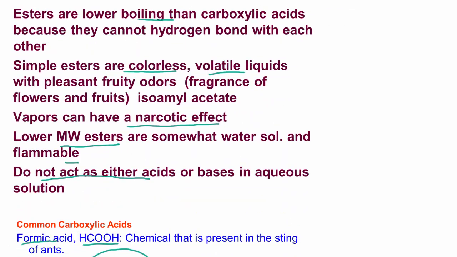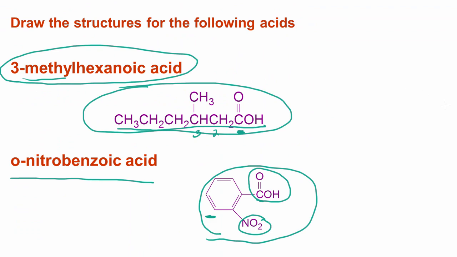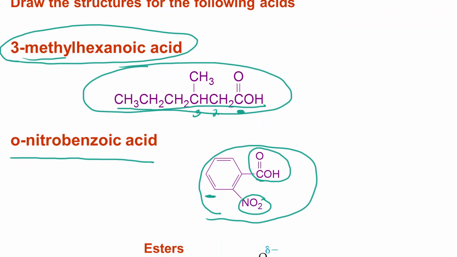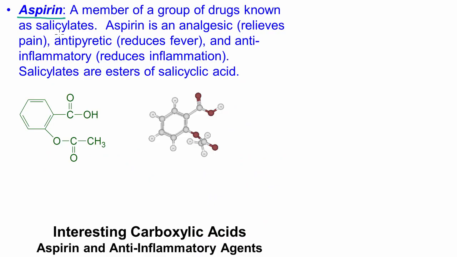Now, let's take a look at a couple of other ones. I might ask you about some of these examples, okay? Aspirin is a member of a group of drugs called salicylates, and aspirin is very unique in that it is an analgesic, which means it relieves pain.